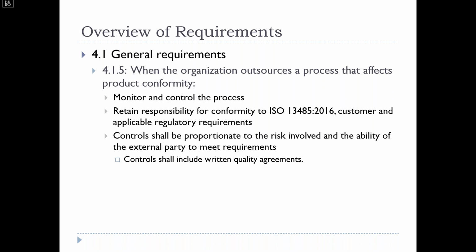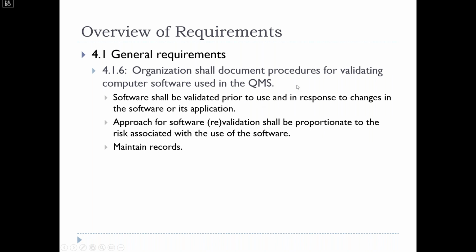You would obviously have more controlled arrangements, more monitoring in place. And there's a specific call out for one of the controls, and this is a written quality agreement with that subcontractor.